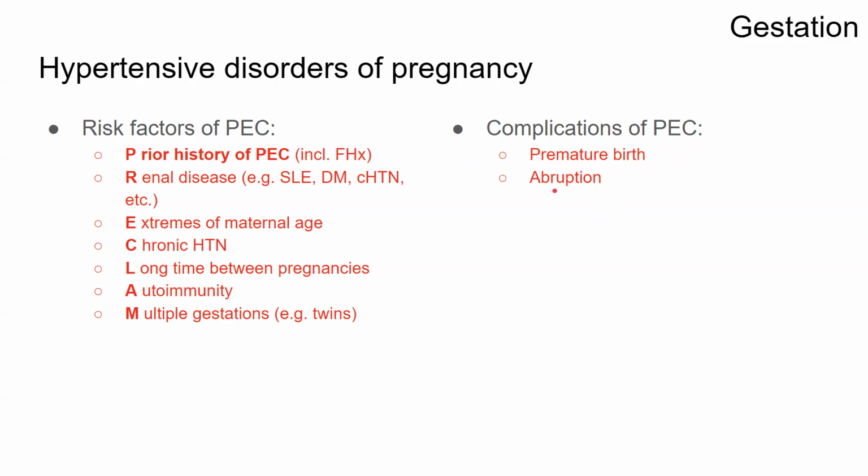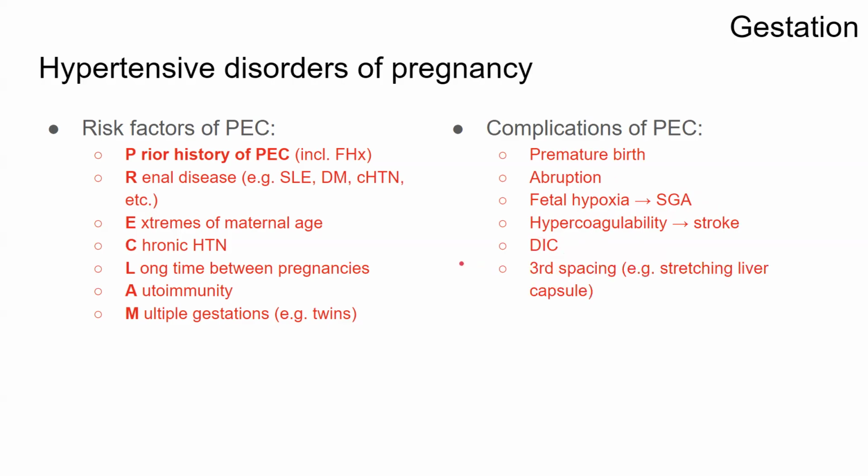If you think about the abnormal placentation, fetal hypoxia leading to small for gestational age birth is a complication of preeclampsia. Preeclampsia can also cause hypercoagulability, which can lead to a stroke in preeclampsia. You can also have DIC in preeclampsia, or disseminated intravascular coagulation or coagulopathy.